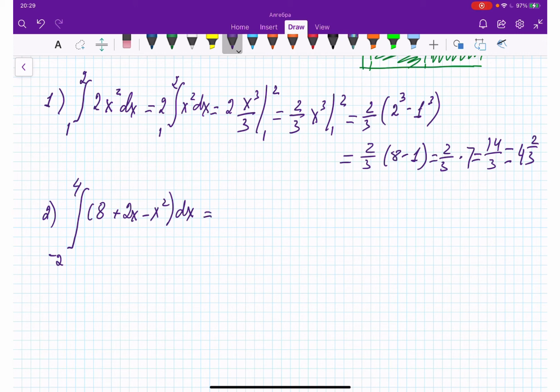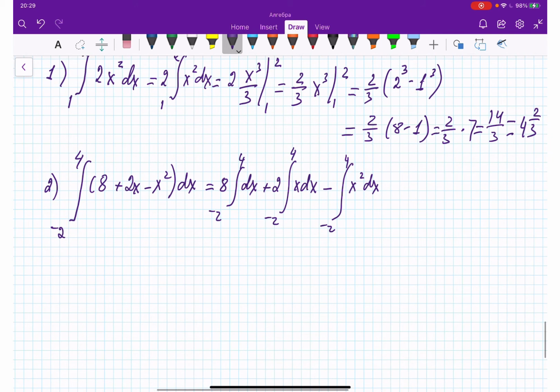So the integral of 8, which means 8 I'm taking out, I will have -2 to 4 dx, plus 2 comes out, integral from -2 to 4 of x dx, and then minus the integral from -2 to 4 of x squared dx.